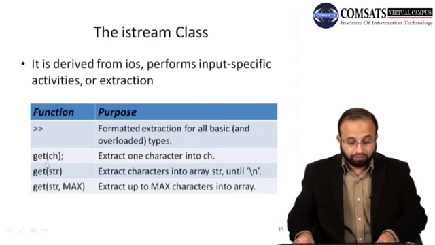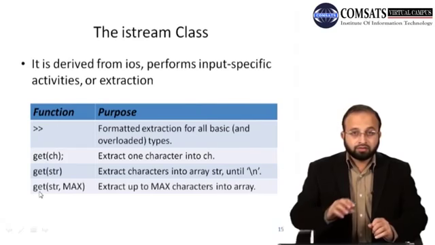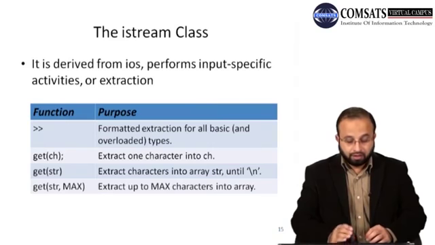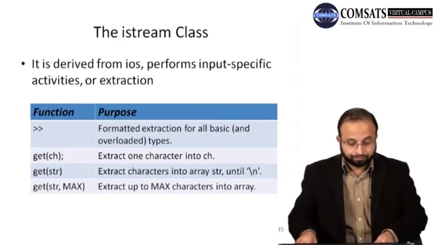And then these are the functions of the istream class. get(ch) extracts one character into ch. get(str) extracts characters into array str until a new line character. So these are basically the input functions that we can use, right? These input functions belong to the istream class. A complete list of such functions can be found in a book.